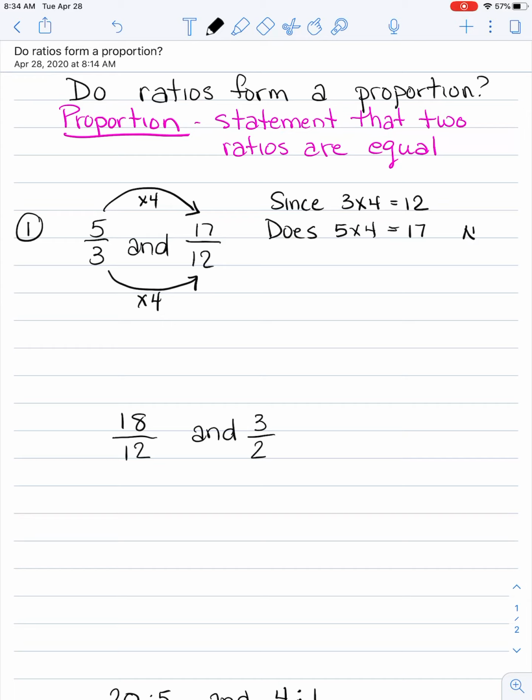And of course the answer is no. 5 times 4 is not equal to 17. And so these two fractions or ratios are not a proportion.